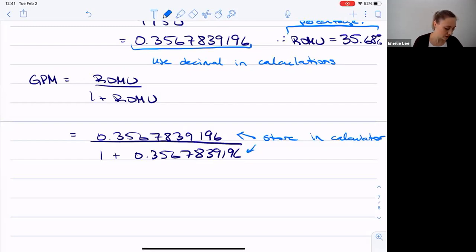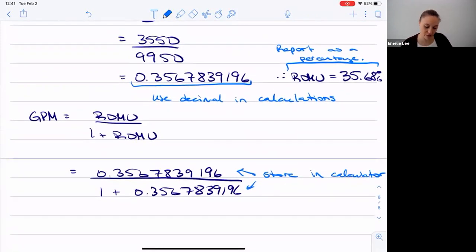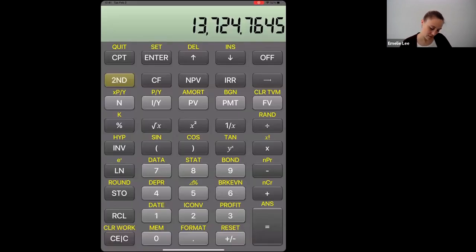Okay. So let's go back, a little refresher. So 3550 divided by 9950. That's that ROMU that I have been going on about. I had a couple more decimal places, but that's okay. I'm going to store that in slot number 1. Because now what I want to do is that stored value over 1 plus the stored value.